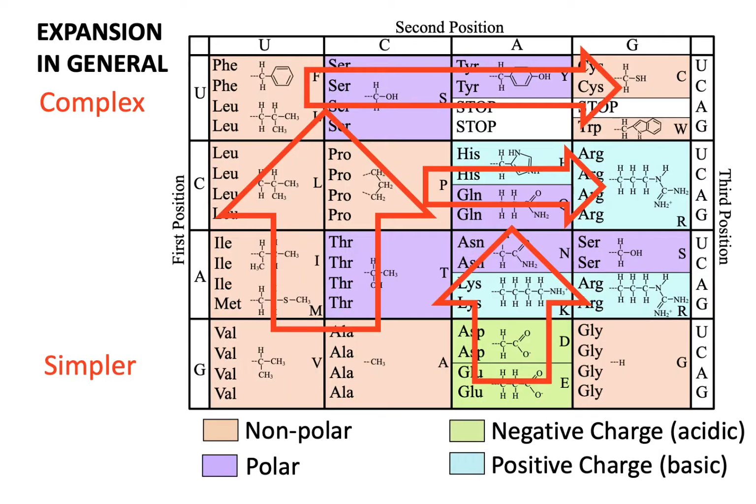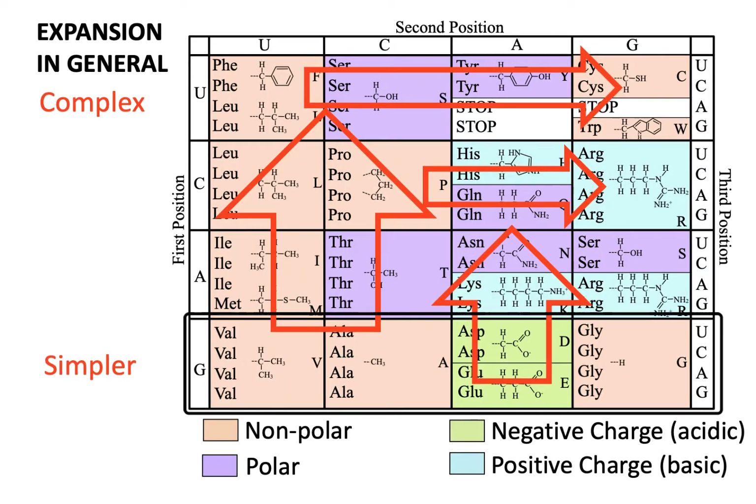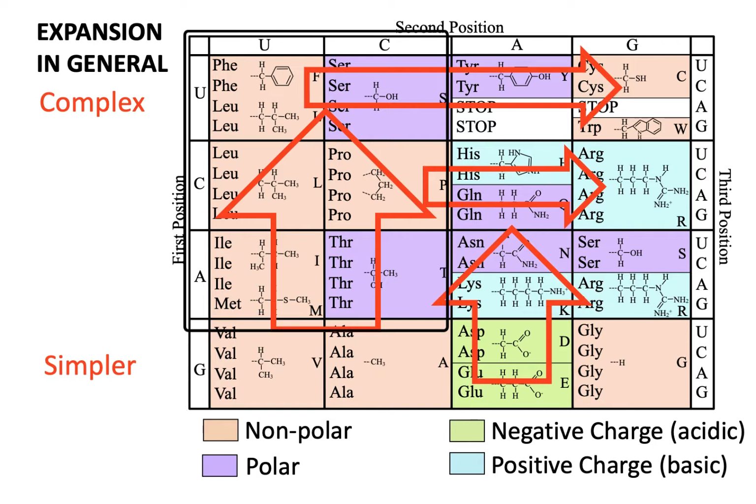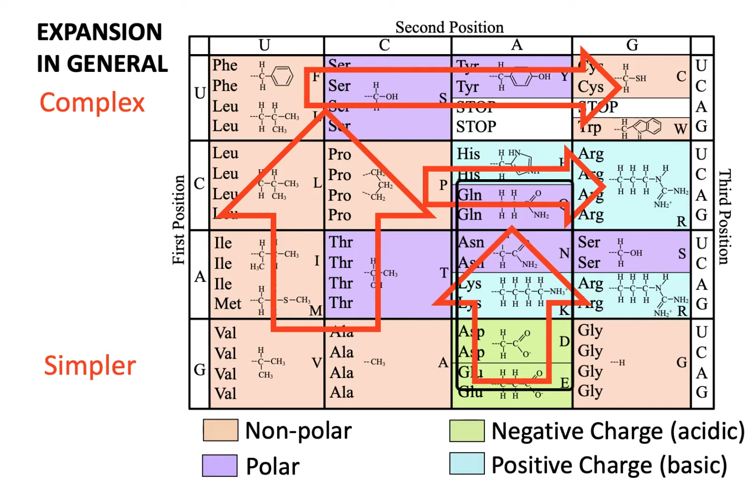And again, to broaden this out a little bit, you start here down on the bottom, move generally up on the left-hand side, over a bit, and then up a little bit on this right-hand side, and then finally from left to right to fill in that last upper right corner of the genetic code.